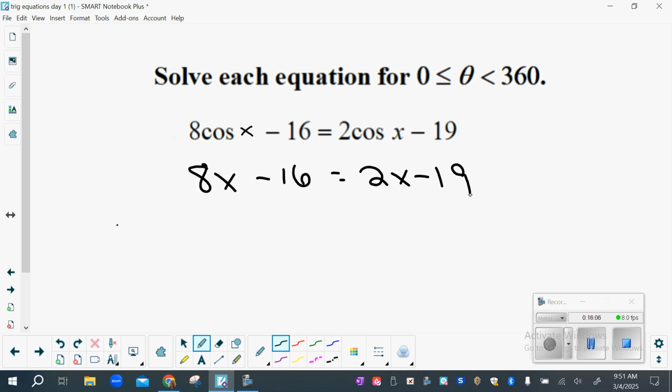Don't let the fact that x has a cosine tattoo fool you. You're going to get all your cosines on this side, all your x's with the cosine tattoos, all your numbers on the other side. Don't let the fact that your x has a cosine tattoo stop you from treating it like you would any other x.